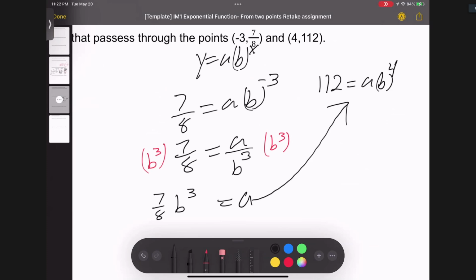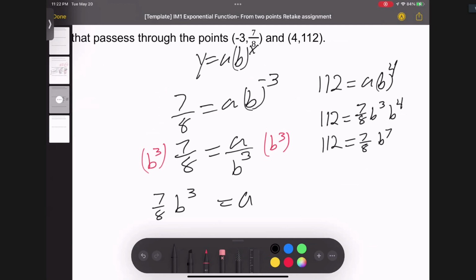Plug it into this equation. Again, it's going to look a little bit different, but it's still the same process. If you follow this form, it's going to work every single time. So you're going to have 7/8 b to the power 3 times b to the power 4. This turns into b to the power 7. This is still 7/8.